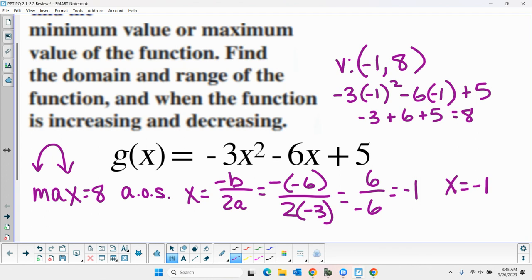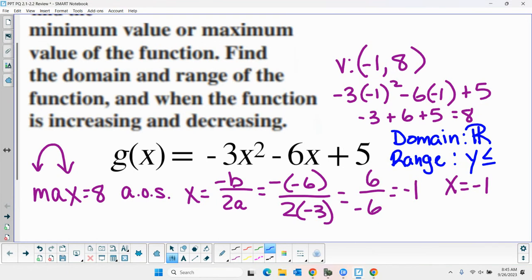Domain is always all real numbers. Range is y, and since it's a max, less than or equal to whatever that max value is. Okay?